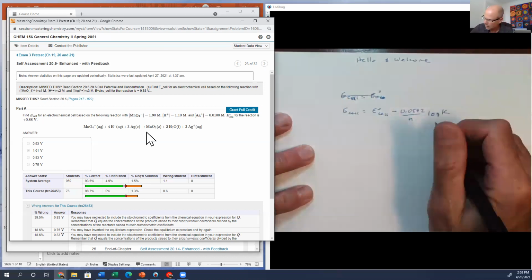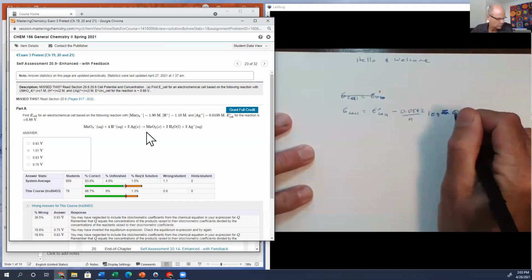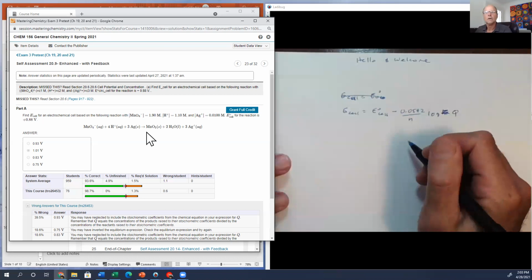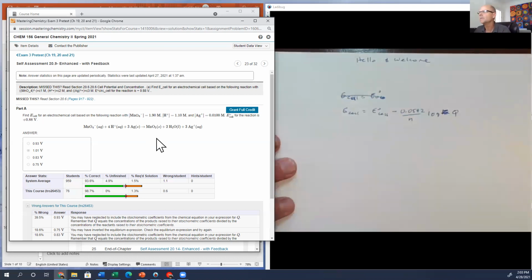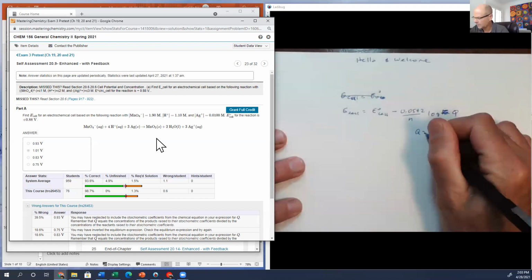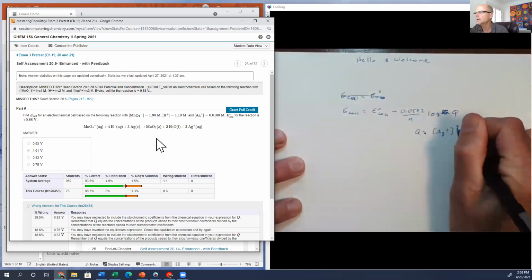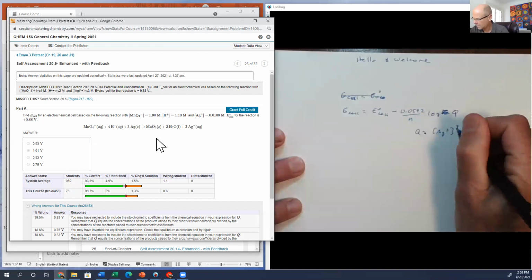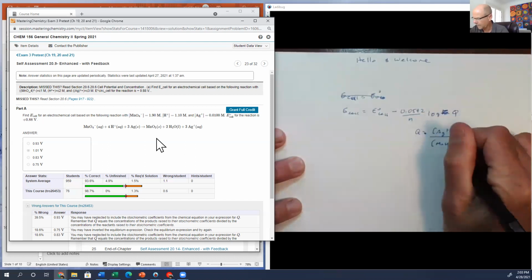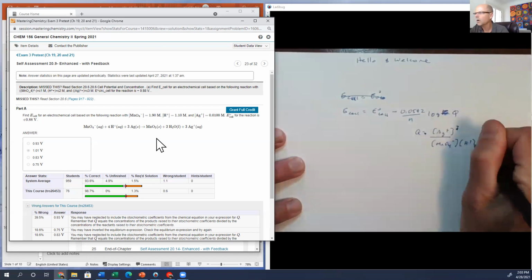It's minus 0.0592 over n times log of Q. Right? So Q in this case is going to be equal to what? The concentration of Ag plus cubed divided by the concentration of MnO4 minus times H plus to the fourth.